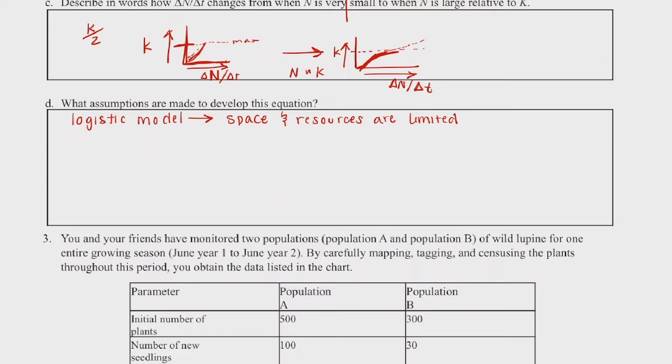And so these factors determine the maximum number of individuals that can be sustained over time.